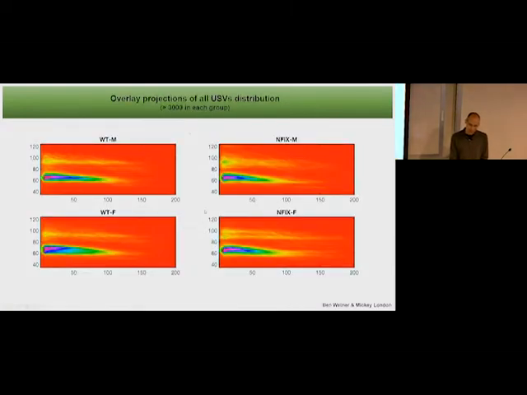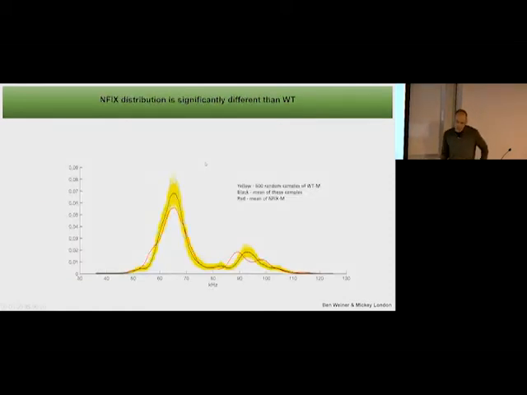And what we found, so this is an overlay and projections of all the ultrasonic distribution. There are more than 3,000 in each group. We found that there is a change in the NFIX overexpressing mice. There is one change here and another frequency that we never found in the wild type mice.